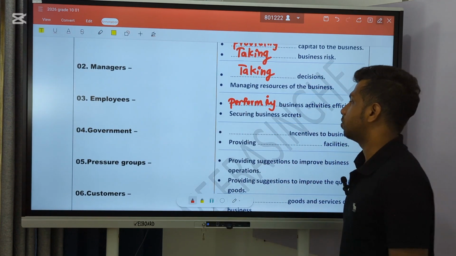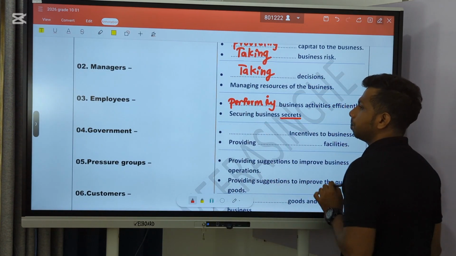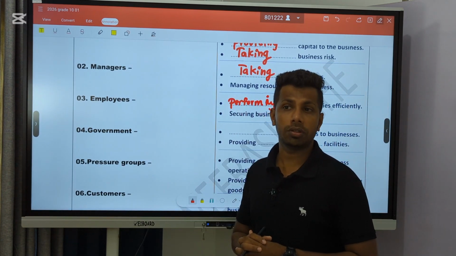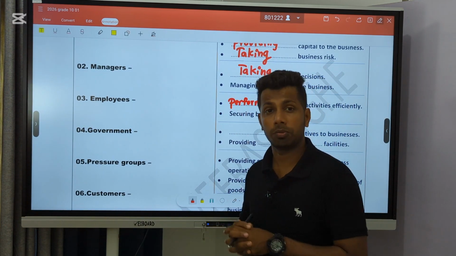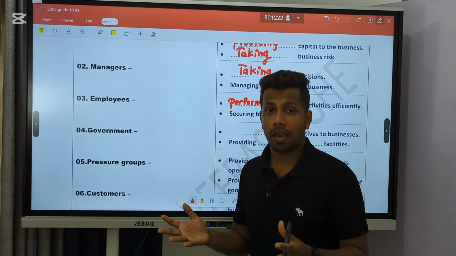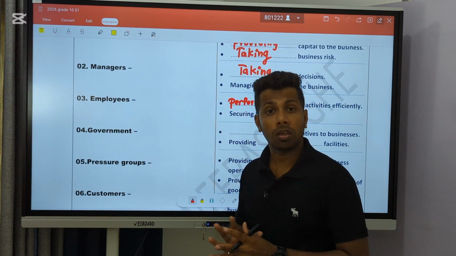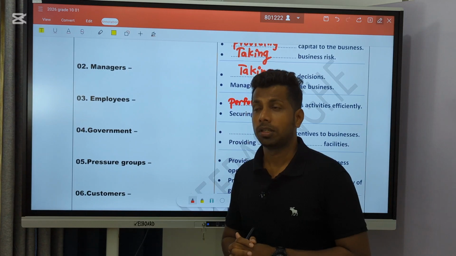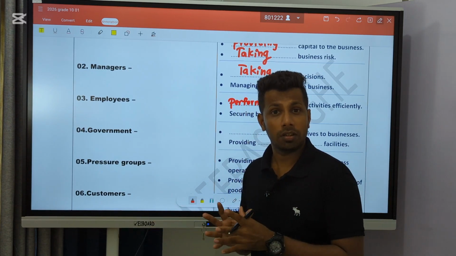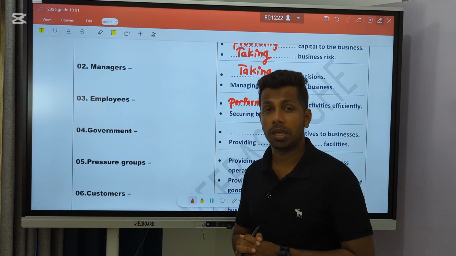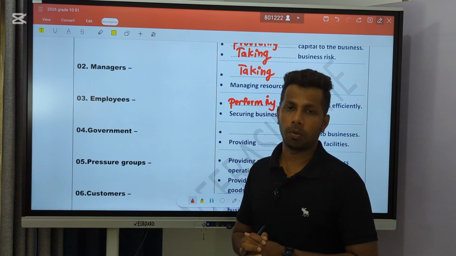And other than that, securing business secrets is also another contribution of employees, because they have direct access to business information, and if they secure business information without providing this information to external parties, definitely that is a major contribution of employees.